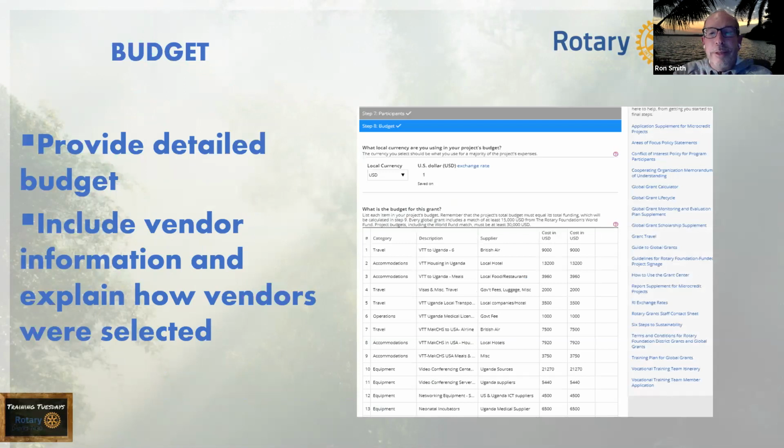Here's an example. It's an eye chart of a budget, but when you get into the actual form, I always say do an Excel spreadsheet budget first, and once you have that close to what you want, then you go into the Rotary budget form online and you create an expense item. And then you have to say, well, is it travel? Is it administrative? I'm trying to think of different categories.